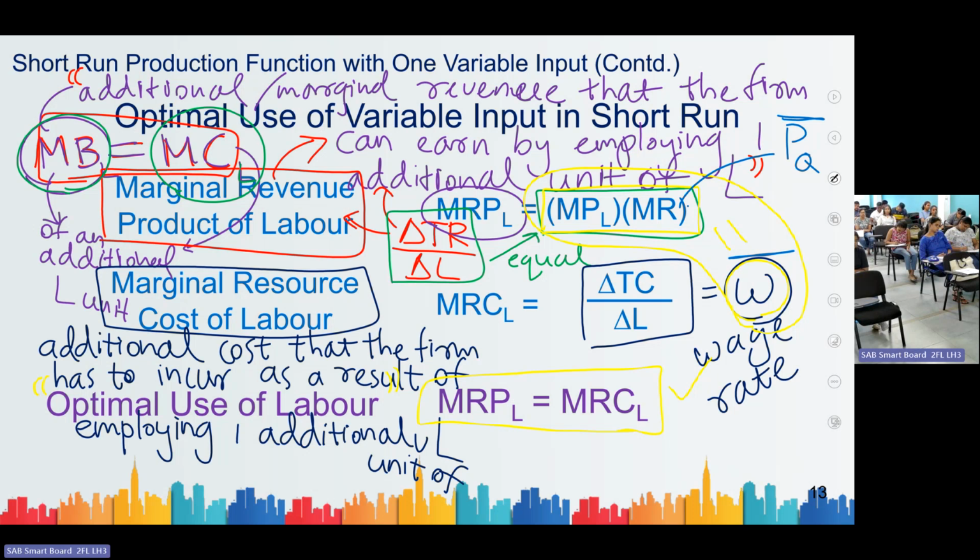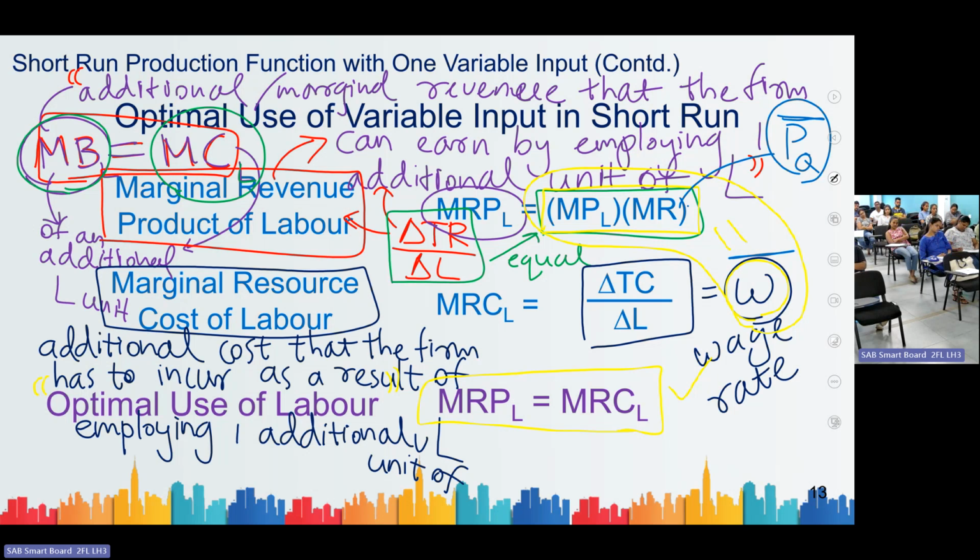If it is decided at 10 rupees, for any number of laborers, one laborer will be paid 10 rupees. That is the same for price of output also. Whatever the level of production or sales, one unit of output will be priced the same.